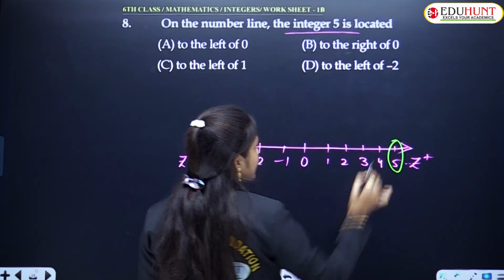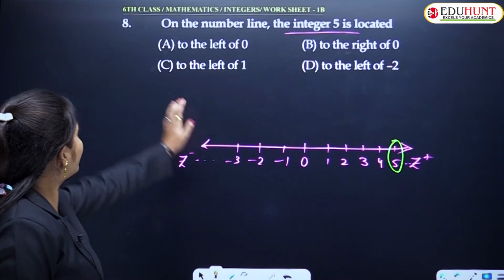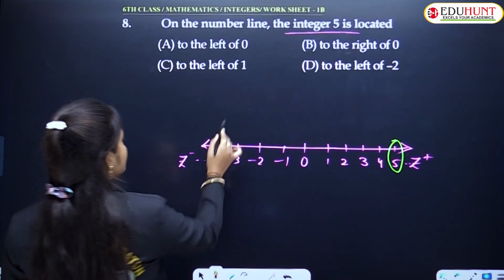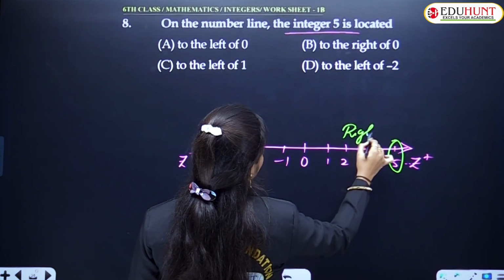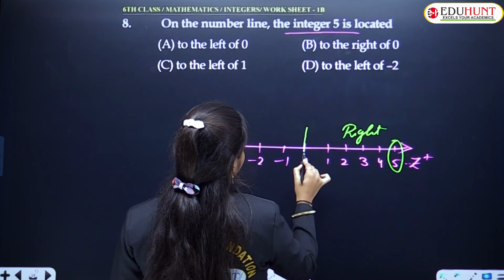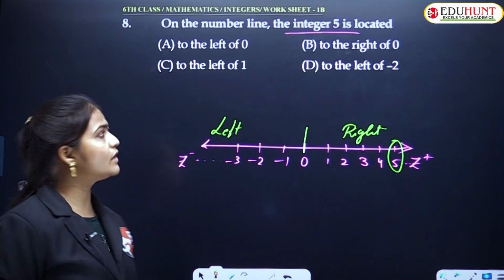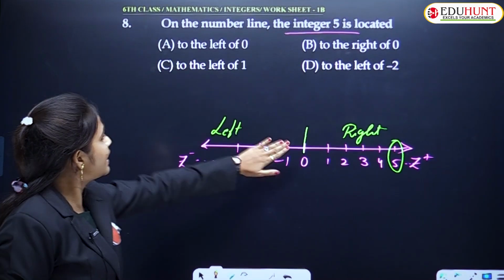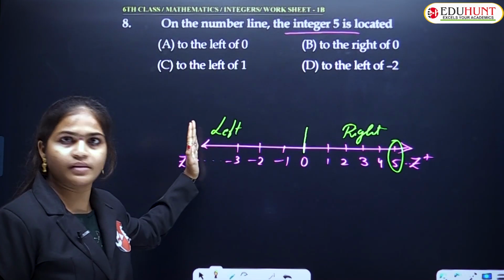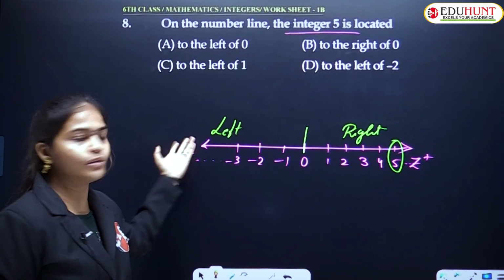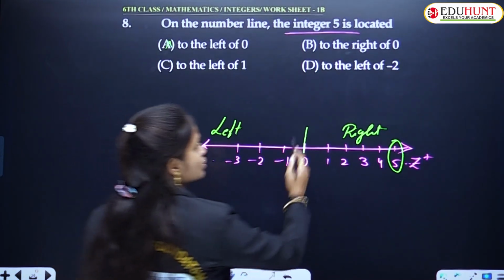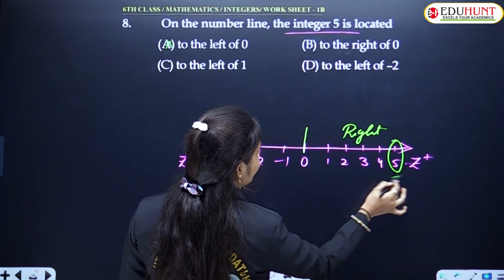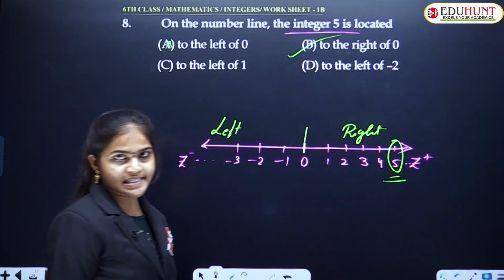Here the 5 is there, no? What have they given? To the left of 0. This is the left side, and this is the right side of 0. Now observe. To the left side of 0, 5 is not there. So the first one is wrong. Next, to the right side of 0. Yes, to the right side of 0, here we have that 5. So the second option is correct.